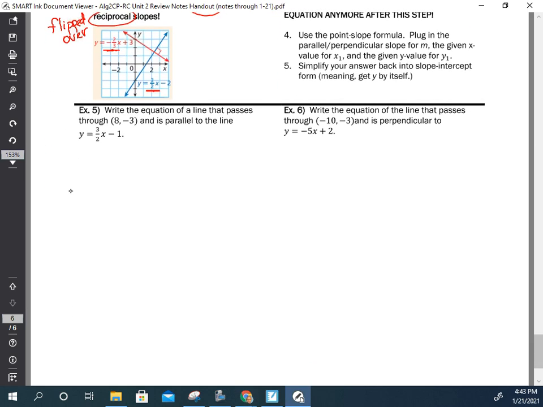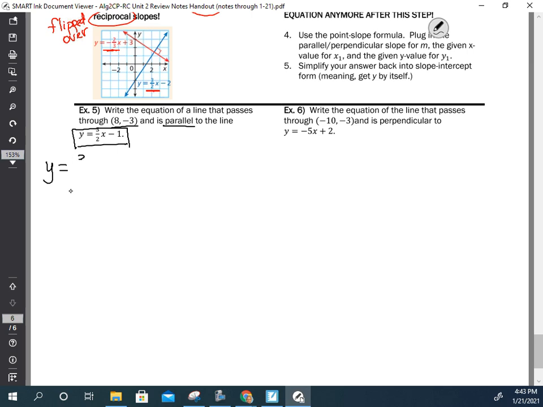Write the equation of the line that passes through (8, -3) and is parallel to y equals 3/2x minus 1. So that's what we're working through there. First step, we don't have to rewrite that function.